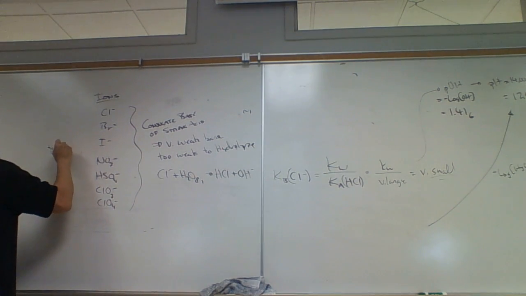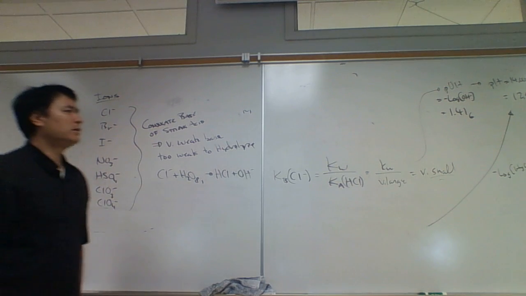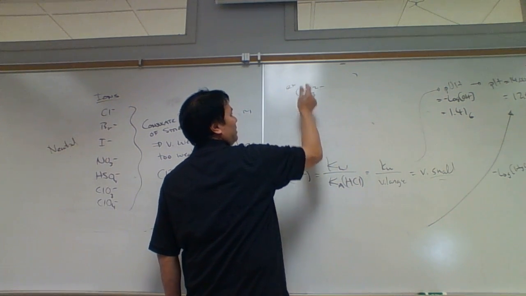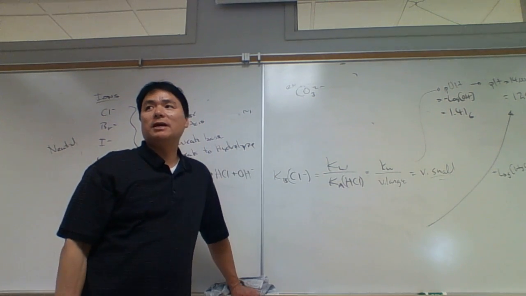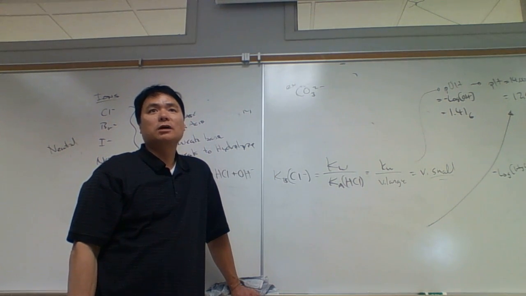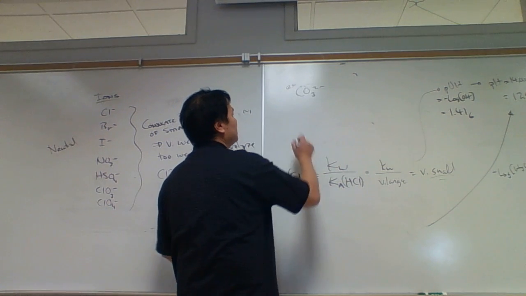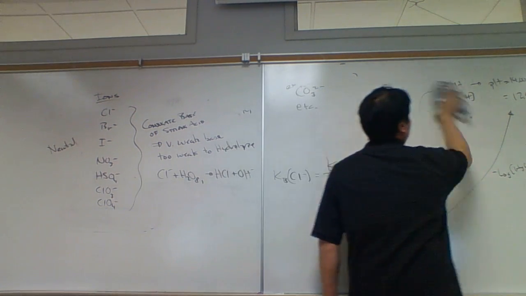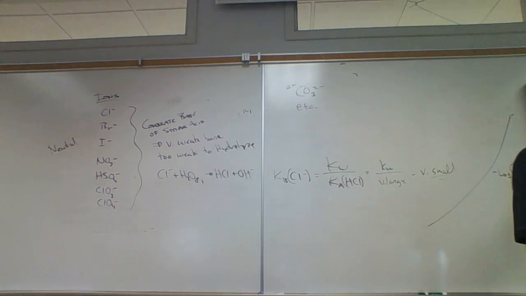But others aren't. If you had something like carbonate, carbonate is basic. In fact, that's a dibasic base because it's capable of accepting 2 protons. Carbonate, etc. are bases. And so the others you can just find on the chart.